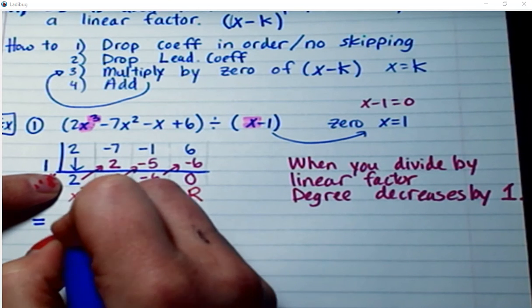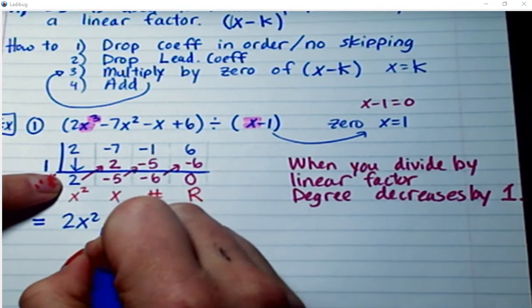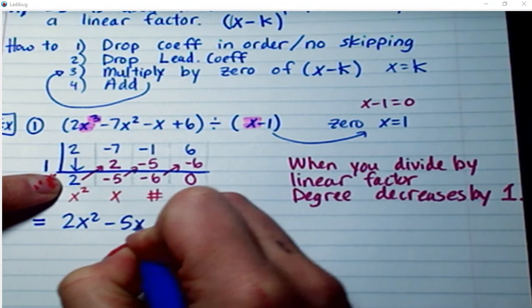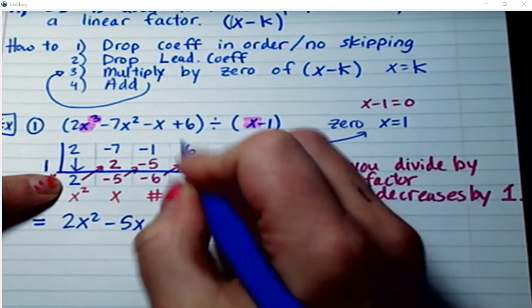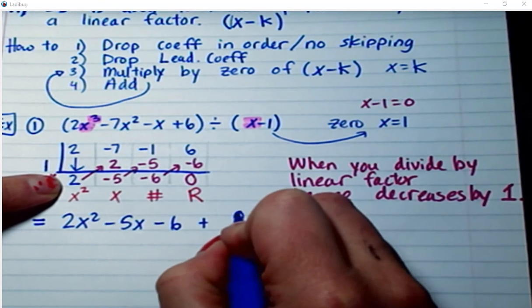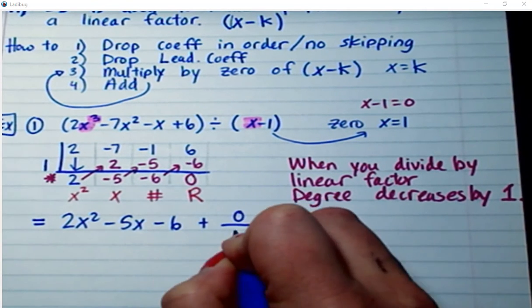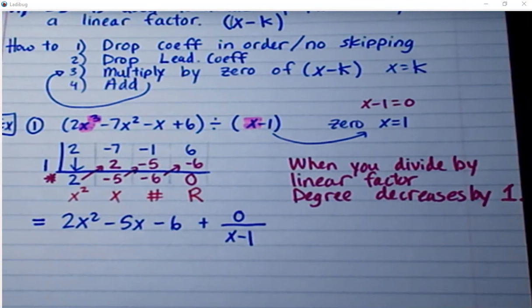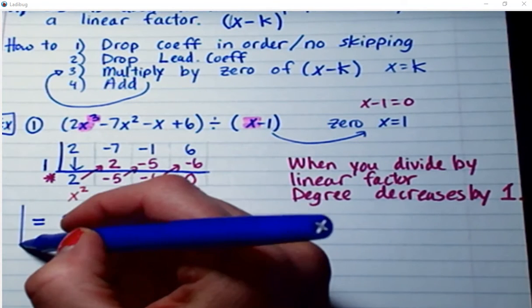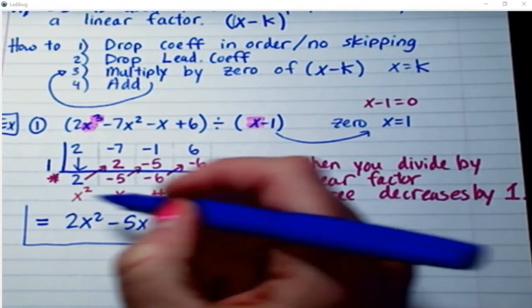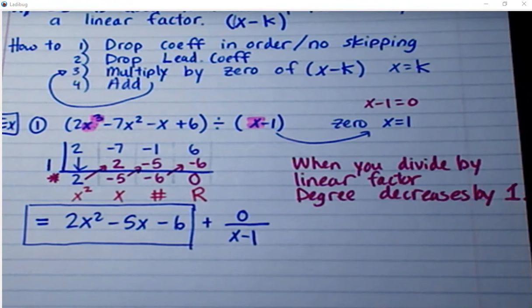Then you put the number with the variable. Minus 5x. And then there is no remainder, but just so that we don't forget, this is what you would write for a remainder if you actually had a number. That's exactly what we got in the first long division problem. That's the answer. Now I'm not going to box the remainder because it's a 0.